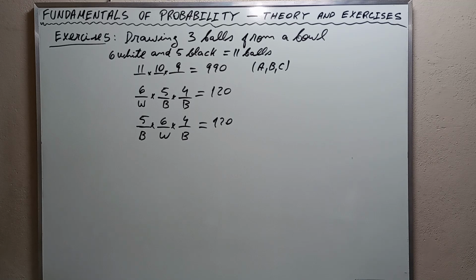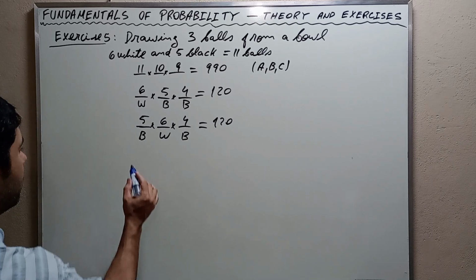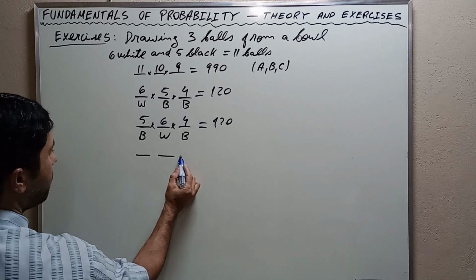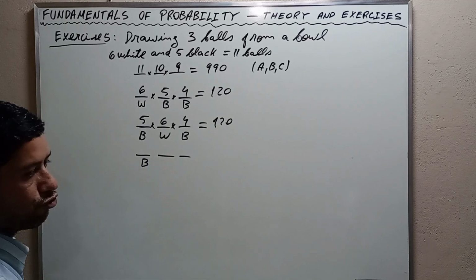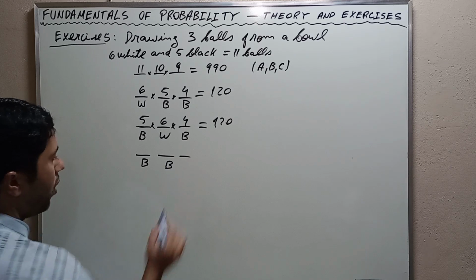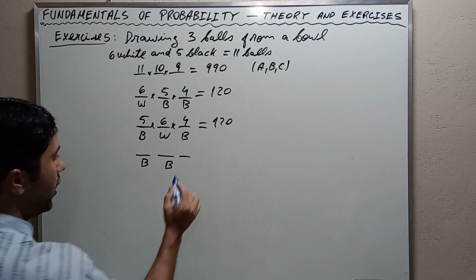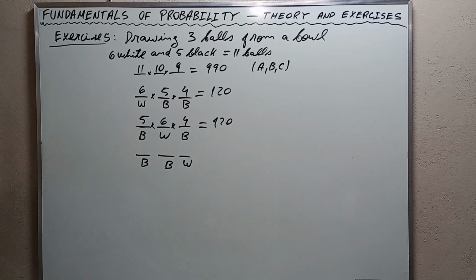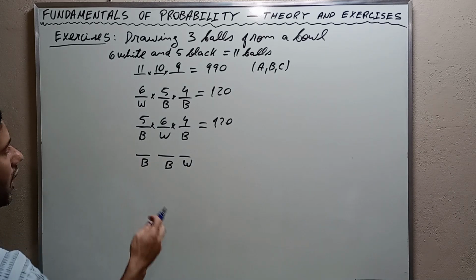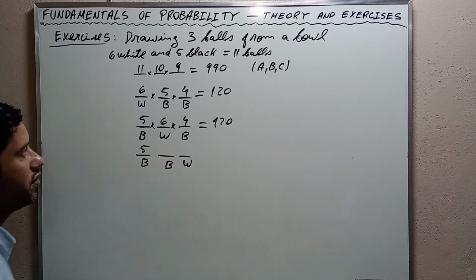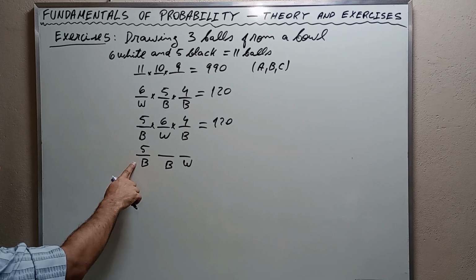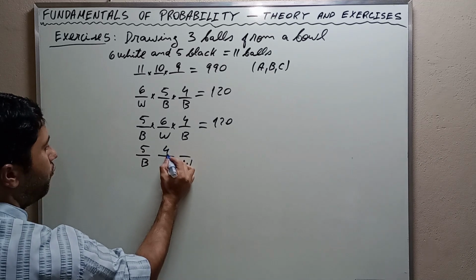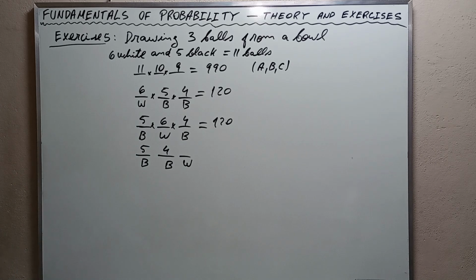And finally, we also have this. The first ball, I wish it to be black. The second ball, I wish it to be black too. And the third ball, I wish it to be white. For the first drawing, I have 5 possibilities for black balls, but as we already removed one black ball, we now have 4 possibilities for black balls.